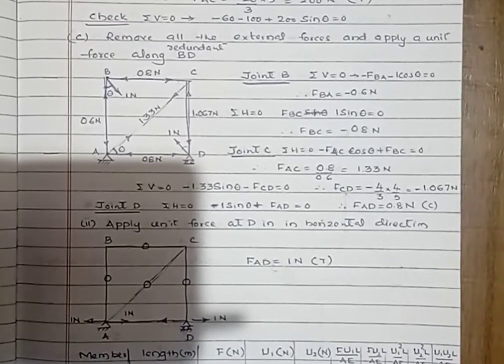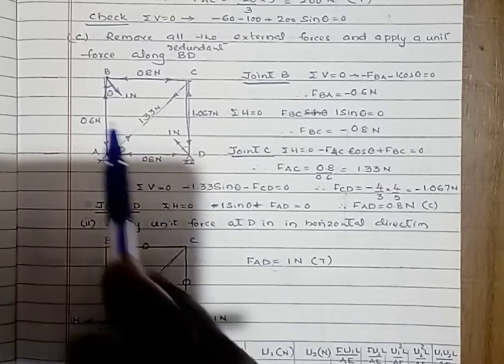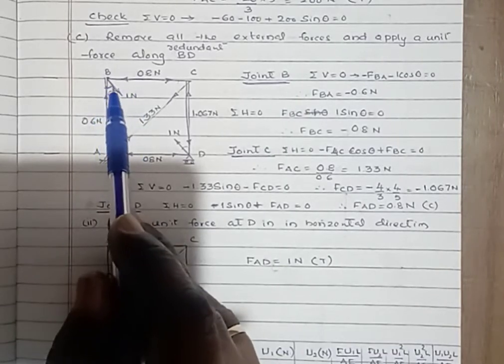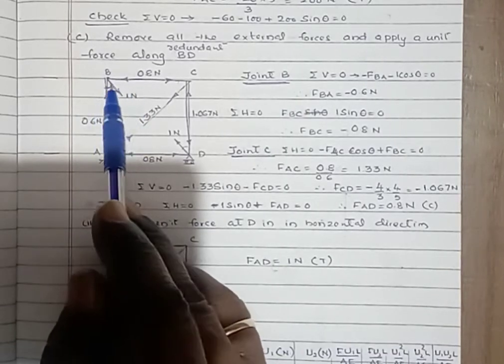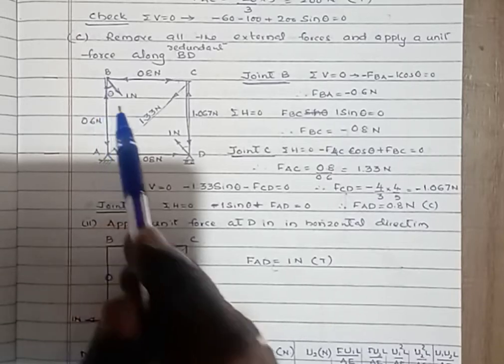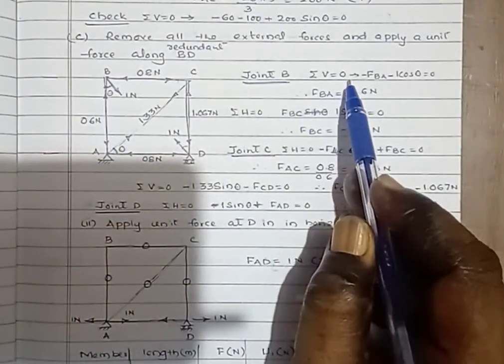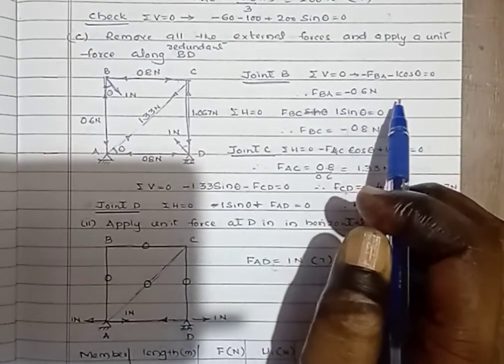Now, after applying 1 Newton along the redundant BD, first we have to find the forces in all the members. Here at joint B, resolve the forces along the x and y axes, or along the horizontal and vertical directions, by applying the equilibrium equation. Summation of V equals 0.